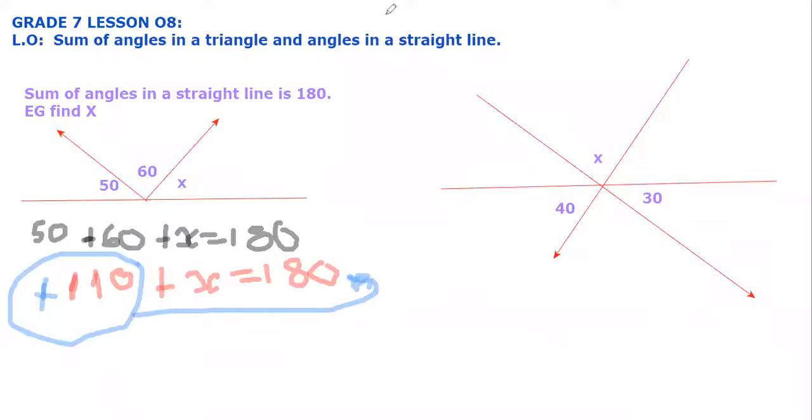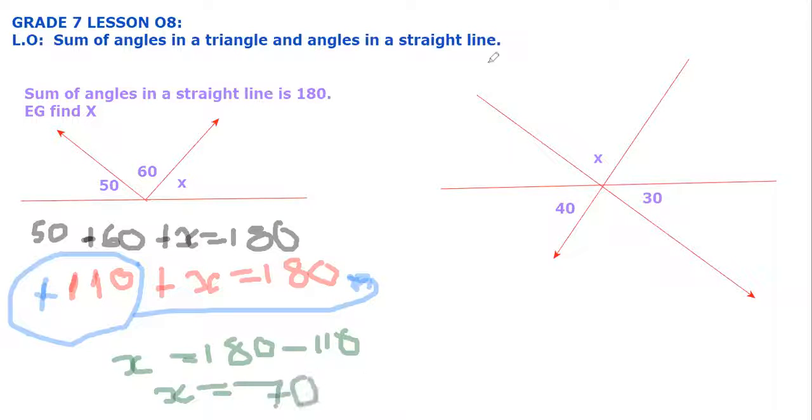What I will end up with is X is equal to 180 minus 110, which tells me that X is equal to 70. Quite simple as that, and you get your mark. So here we will have X equal to 70.